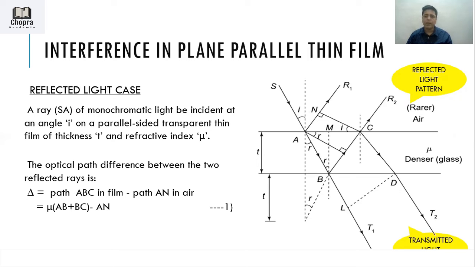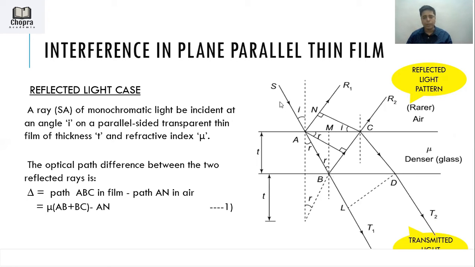The refracted beam is AB, which is inside the thin film, and again gets reflected from the lower end, this point B, and comes out of the film from point C. So you see the beam is taking a longer route now because of the reflection and refraction.